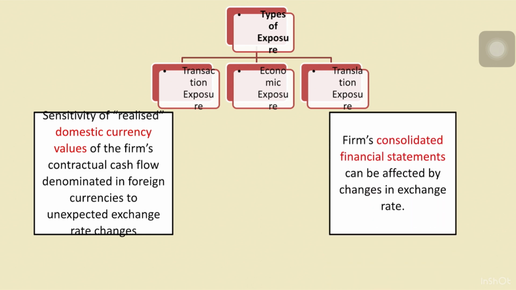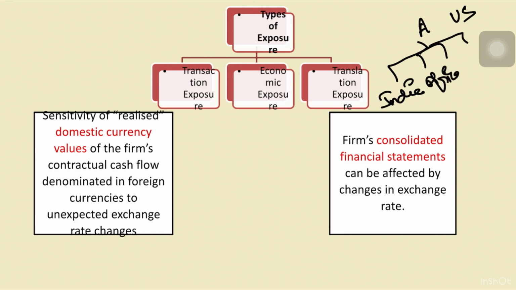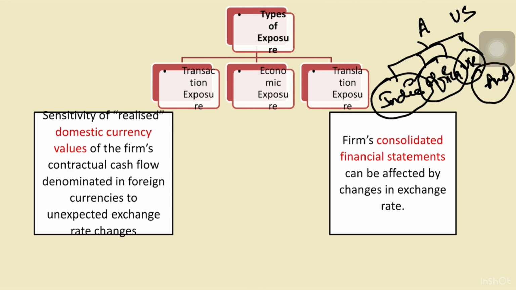Then comes translation exposure. Say a company A is operating in the US. It has branches in other countries, say India, Africa, UK and Australia. Whenever these companies in other countries make their financial accounts, once these are combined, they are to be translated into the US currency, into the holding company.